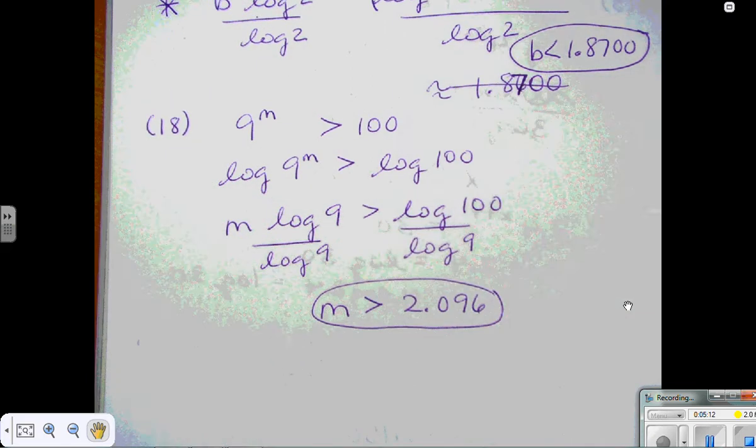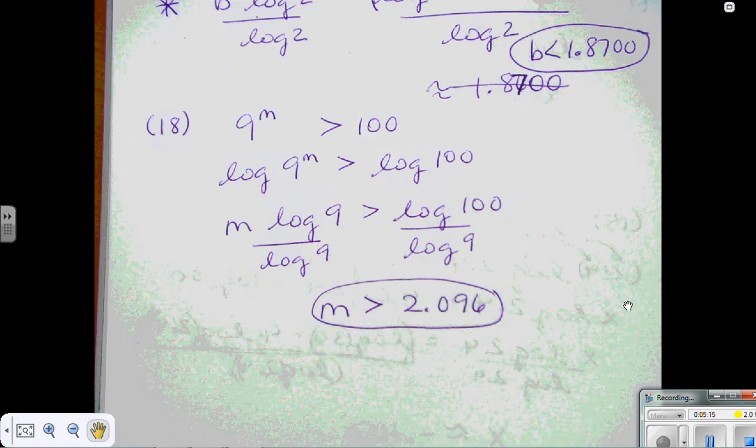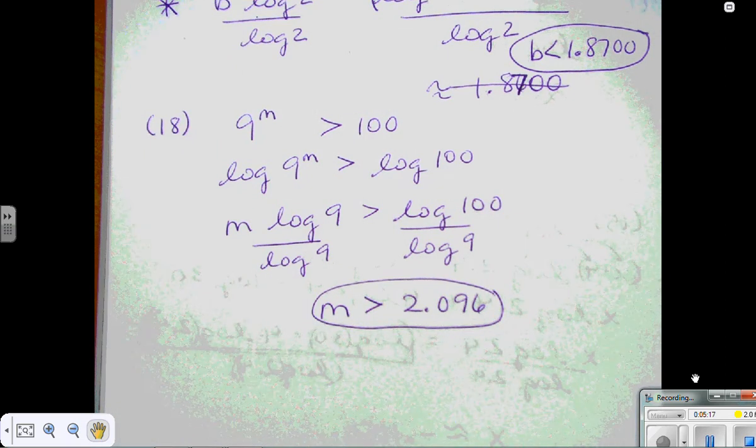Okay, and I'm getting about 2.096. Yes. Okay.